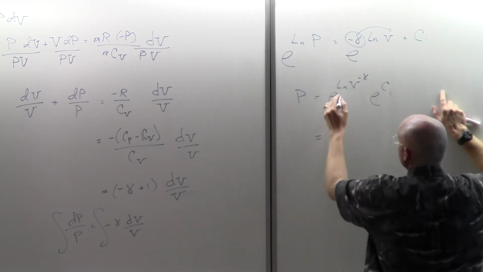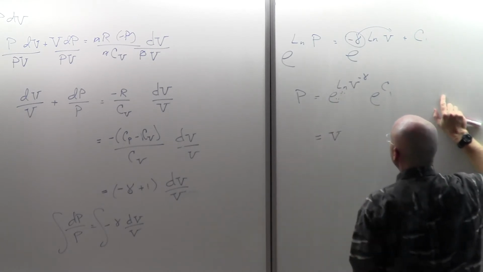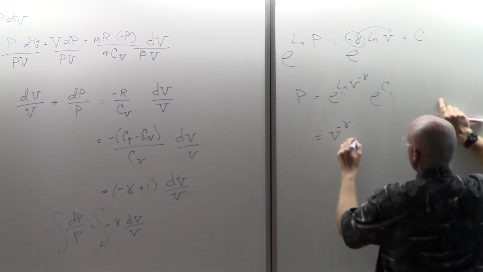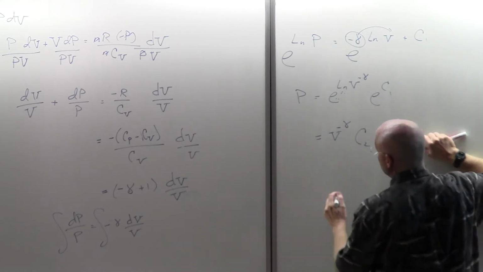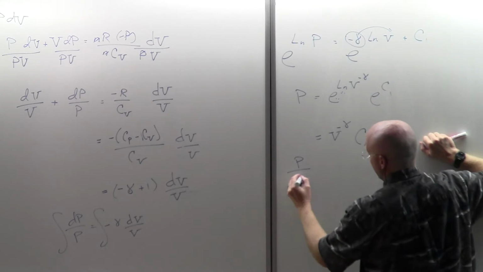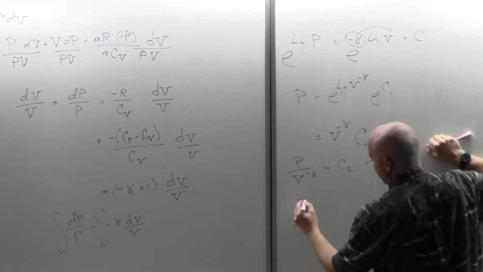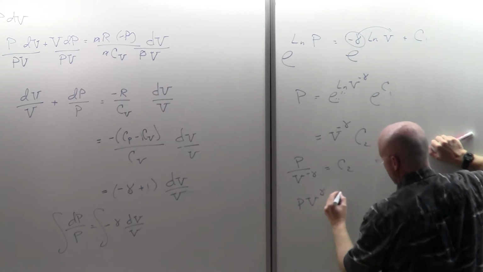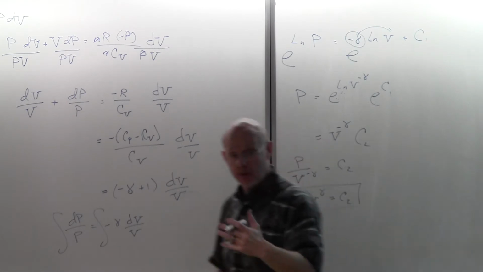But what's nice about this is the natural log and the E undo each other, and so this is V to the negative gamma times some other constant. Move this to the other side of the equation. Move it upstairs, and we actually have what we're looking for here in the relationship between pressure and volume.